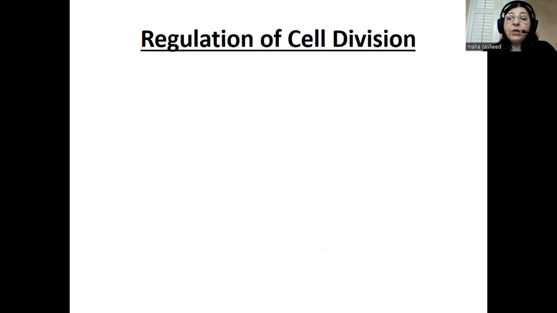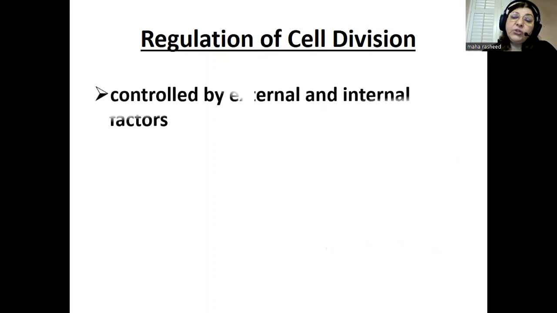So for the regulation of cell division, we have two types. We have external and internal. So what does external mean? Yes, outside the cell in this case. What is internal? Yes, inside the cell, factors from inside the cell. So, we have two types of regulation, as I mentioned.